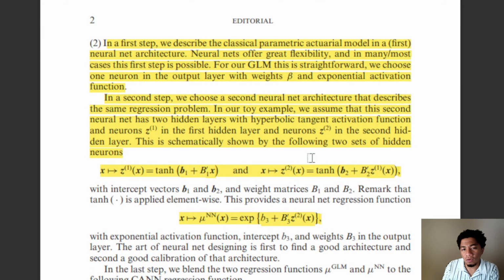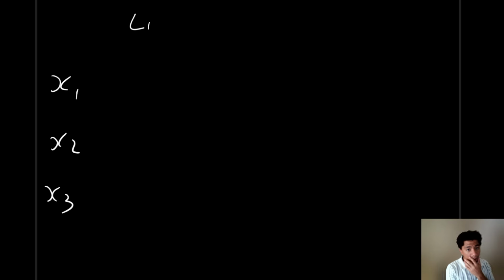So maybe for those of you who are not familiar with neural nets, I will illustrate this. Okay, so let's say we've got 3 variables, x1, x2, and x3. And we start off with our first layer, so layer 1 there. And layer 1 can have any number of neurons, but for this example, we'll just say it has 3 neurons.